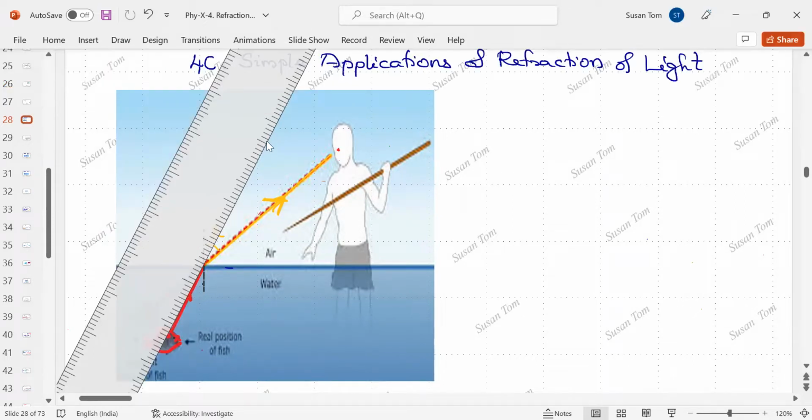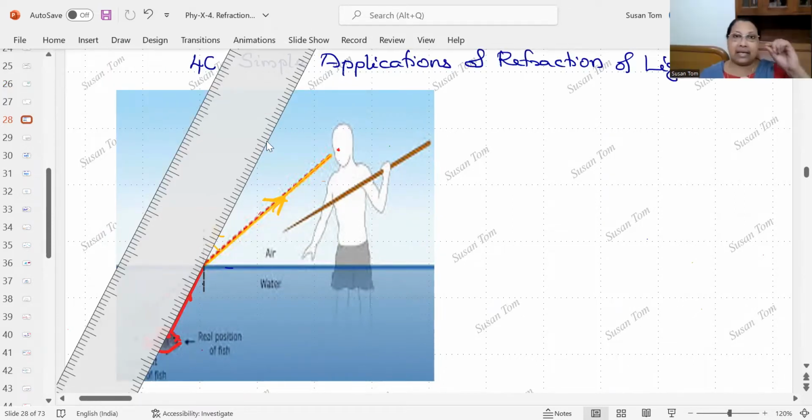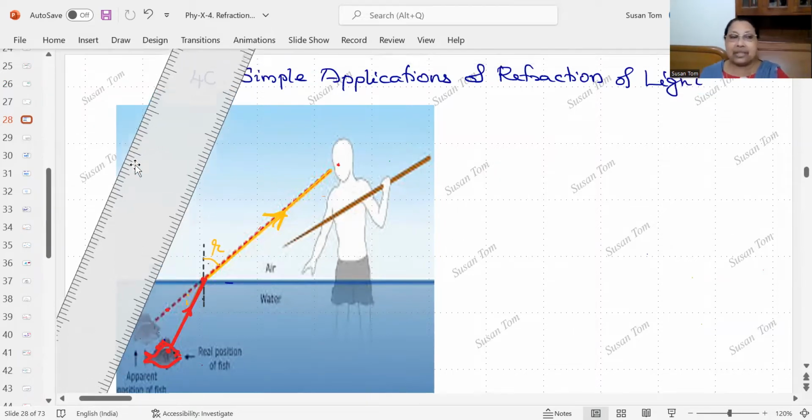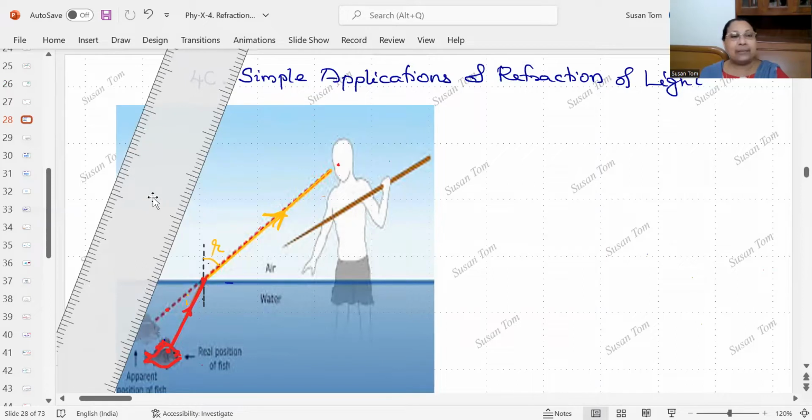Yes, maybe from the eye. Where is the eye? Or on the head, where the eyes are there, one eye. I've just drawn a ray of light here. So this ray of light, as it reaches to the surface of water, that is water-air boundary, when it reaches, we know when you draw ray diagrams, at the point of incidence, we have to draw what is called normal.